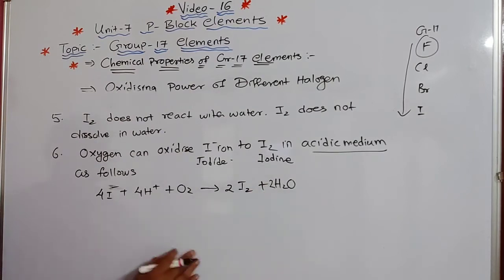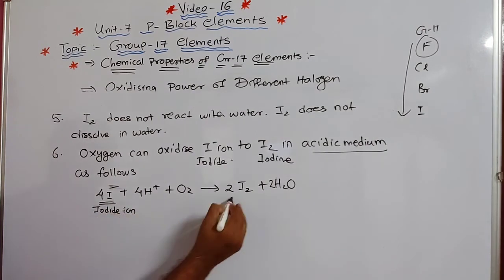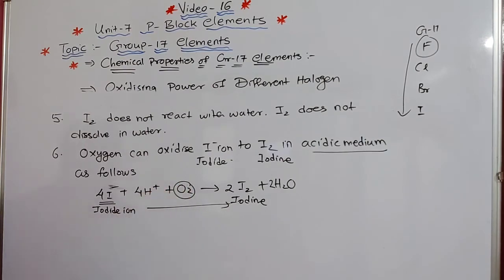Understood this part? Oxygen can change iodide ion into iodine. You can see who changed it? Oxygen. This is the reaction given in your textbook related to this. You can go through it.